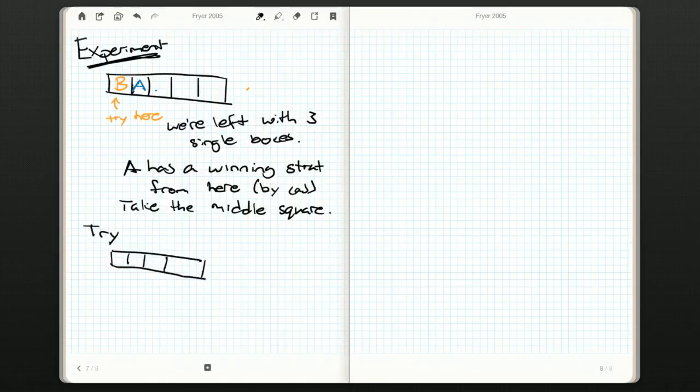One, two, three, four. Okay, we still have A right there. And we'll just keep moving to the right.